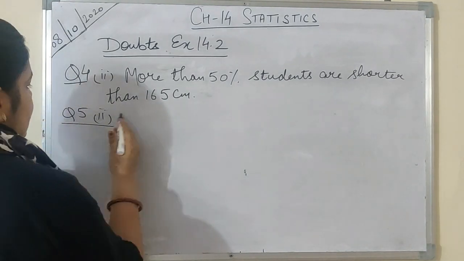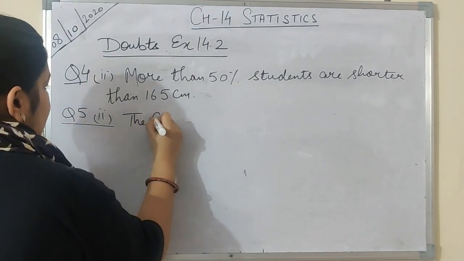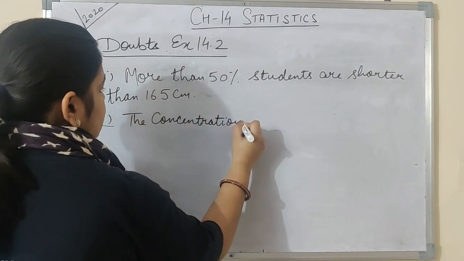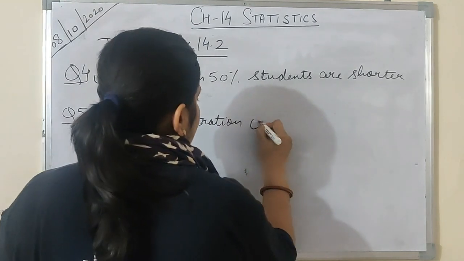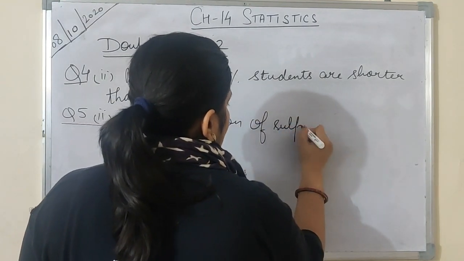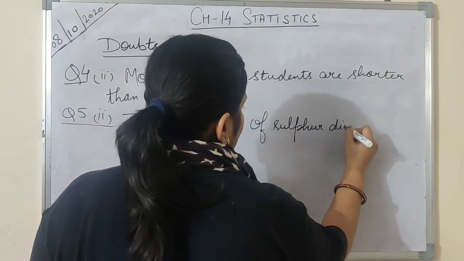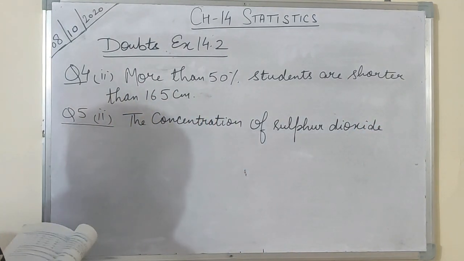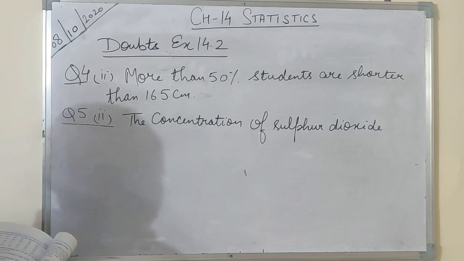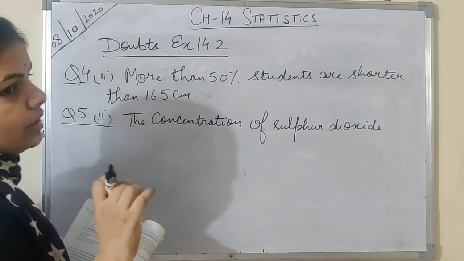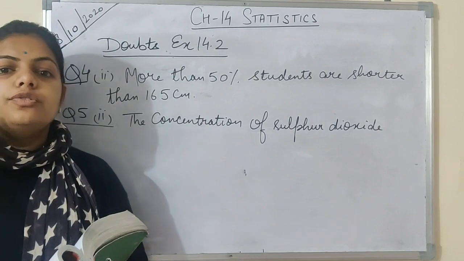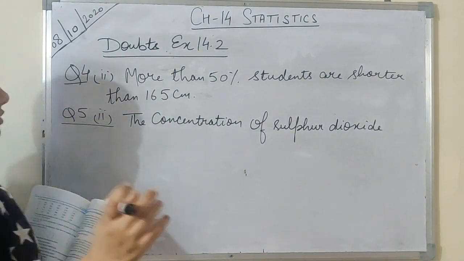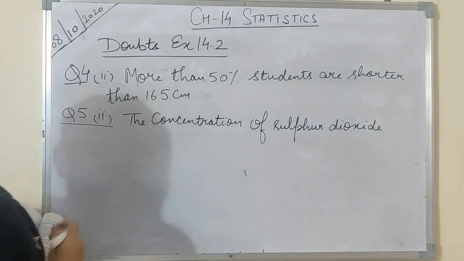For how many days? 8 days, or you can write the concentration of sulfur dioxide, as you have to observe it from the grouped frequency distribution table formed by you. So if you observe there, there is an interval of 0.12 to 0.16. So from that interval to the last interval, whatever number is there, that is the answer.